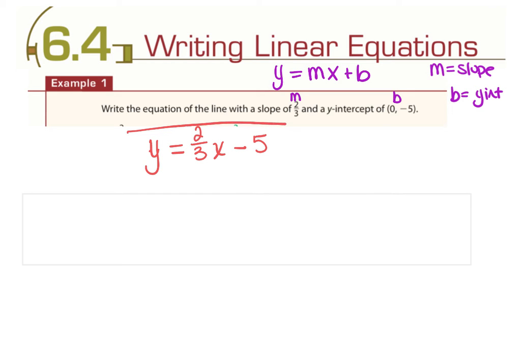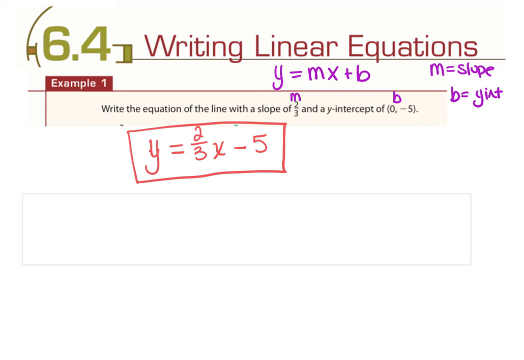And that is my answer. Do not overthink it. If they just hand you the slope and the y-intercept and say write the slope-intercept form of the equation, you literally just write the equation and plug in your m and b. That's as simple as that. That should be one that you don't even have to think about.